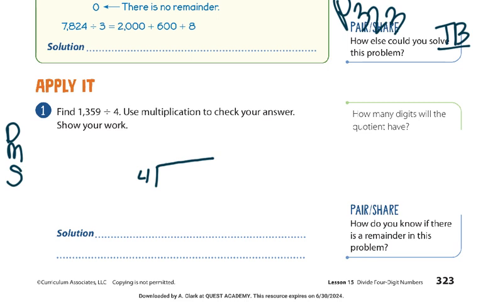Multiples of 4. Ready? 4, 8, 12, 16, 20, 24. All right, let's skip count by 4. 4, 8, 12, 16, 20, 24, 30, 34, 38.